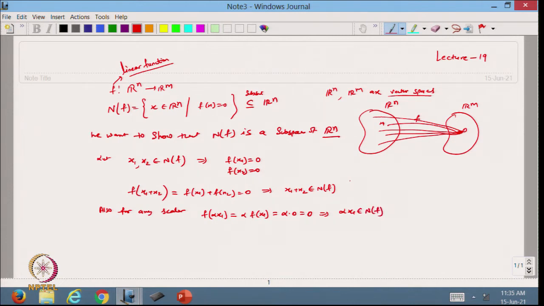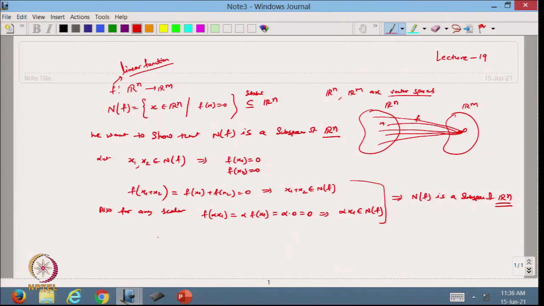So these two properties are satisfied. The other properties we know are automatically satisfied, so I can say that N(f) is a subspace of Rn.